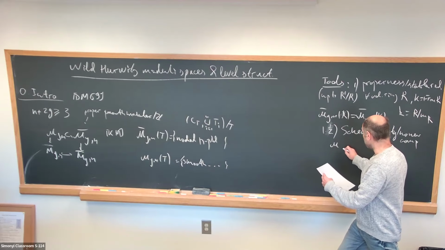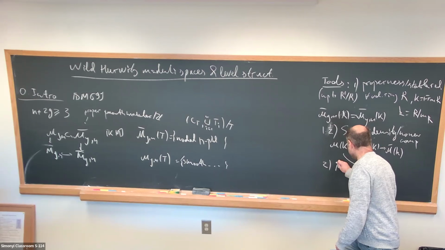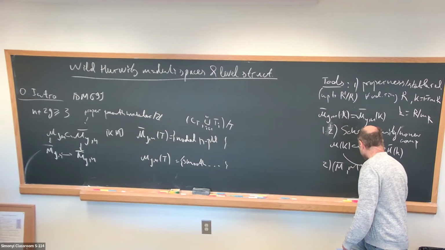So you can take any nodal curve here and smoothen it over the generic fiber. So this indicates that it is schematic. And usually this is subsumed in other stuff, but I would view it as part of stable reduction, as part of the compactification issue. And two, this M̄, M is a normal crossing pair.